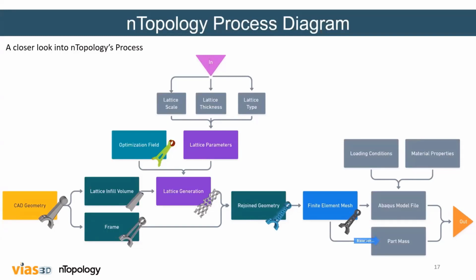And like I mentioned, the loading conditions and the material properties coming from the beginning of our selection process are collected into the Abaqus model file through nTopology. So again, the key inputs are the lattice properties, and the key outputs are something that's ready to go to Abaqus and the part mass, so that we can get a stress result and weigh that against the part mass. We can go to the next slide.